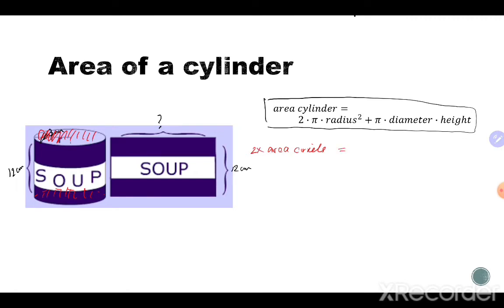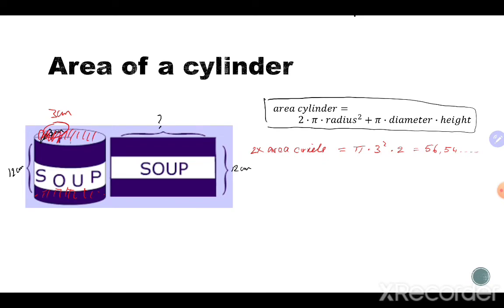We just said that's 3 centimeters, pi times the radius, 3 squared, that's the area of a circle, but we have 2 of them, so times 2. I'm going to calculate this part in baby steps. So pi times 3 squared times 2 is 56.5, etc.